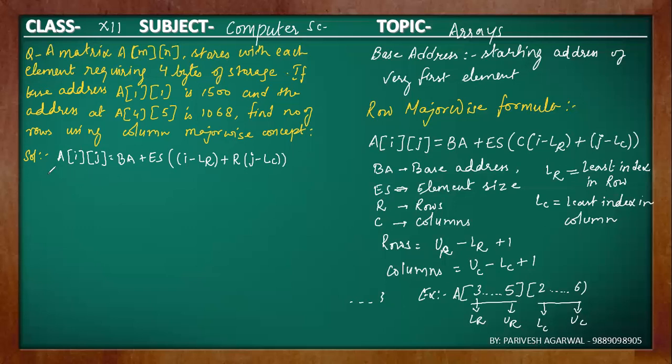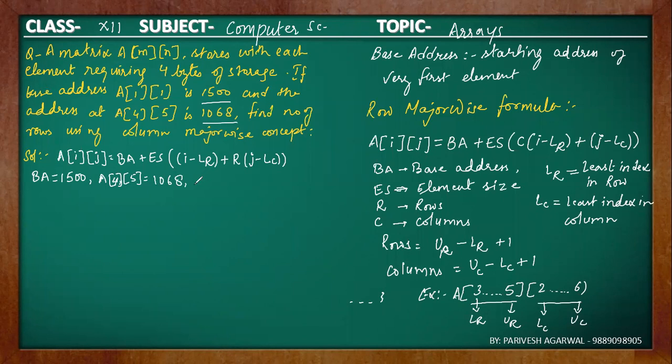Now let's see what values have been given to you. BA, the base address, has been given as 1500, so you will write 1500. The address of A of IJ, the location 4 by 5, has been given to you, that is 1068.